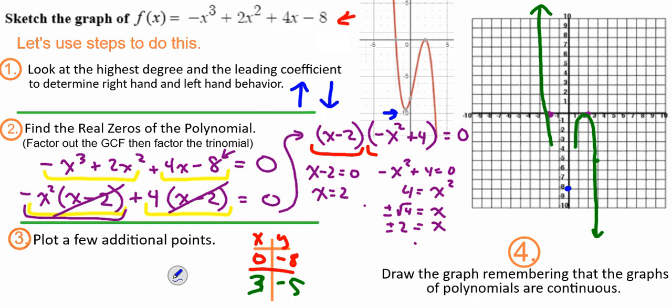So another thing we would have wanted to check is what's going on between x equal to negative 2 and x equal to 0. Let's plug in a negative 1. That would have been a good thing to plug in just to get a better sense of what our graph looks like. So that's what we do when we plot a few additional points.